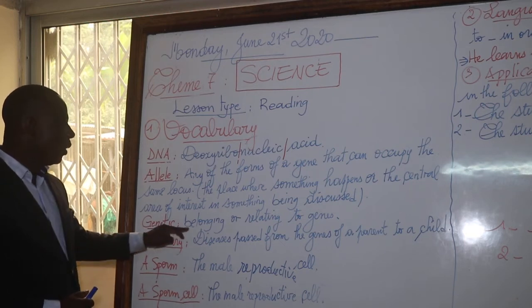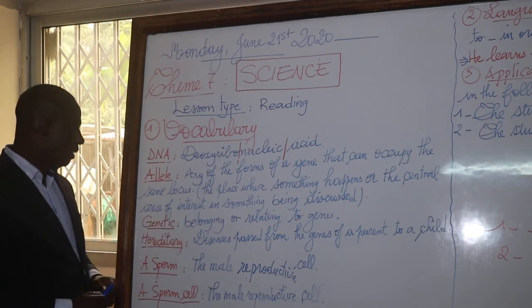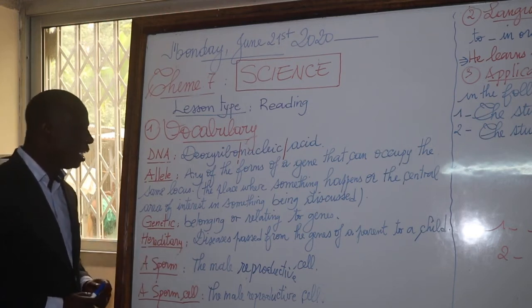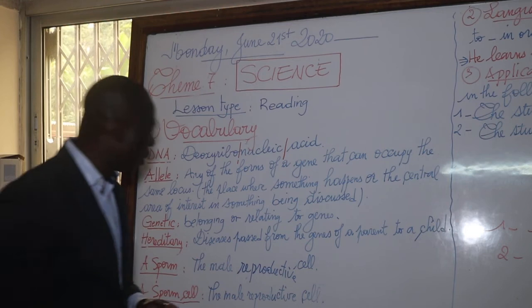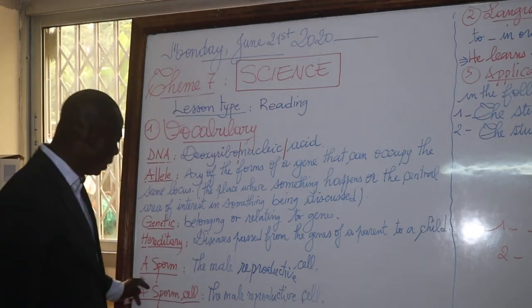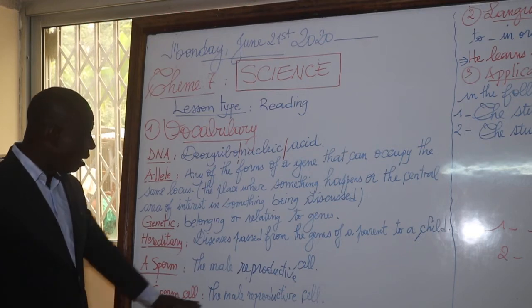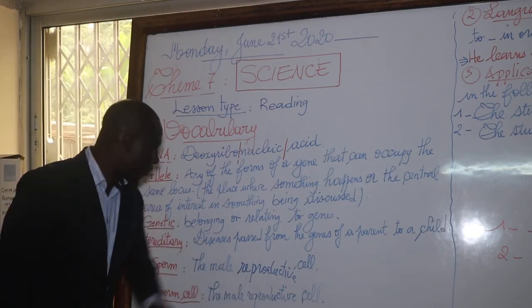Genetics, belonging or relating to genes. Hereditary, disease passed from the genes of a parent to a child. Now, sperm. What's a sperm? Sperm is the male reproductive cells. Sperm cells, the male reproductive cell.